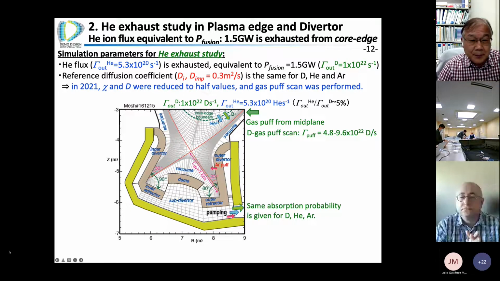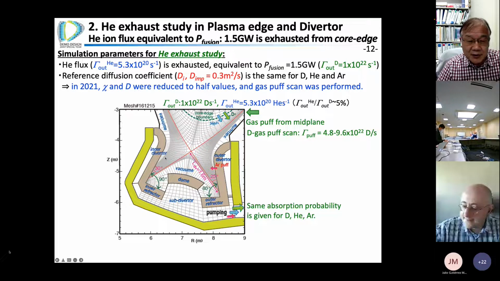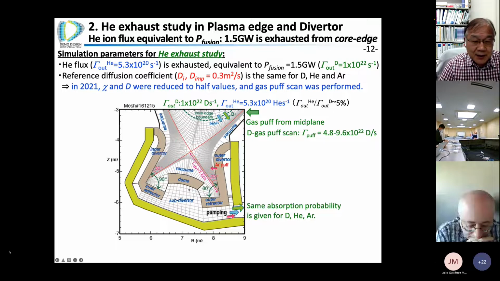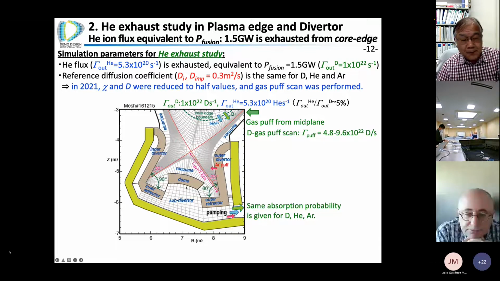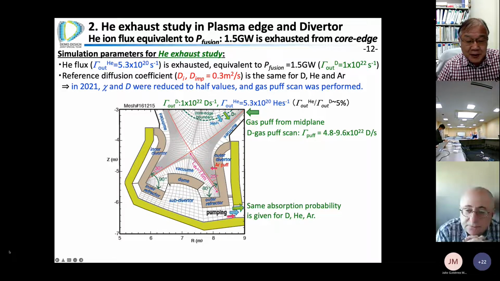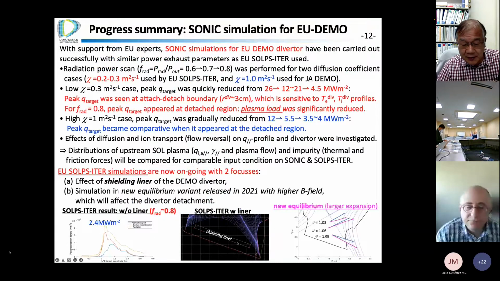One topic is a particle and helium exhaust study with SONIC for the Japanese DEMO and SOLPS for the European DEMO. This is an interesting topic. We are focusing on how to design the dome. As you know, the shielding liner is very simple, like here, with a very low height.